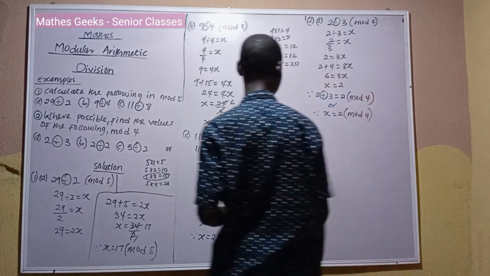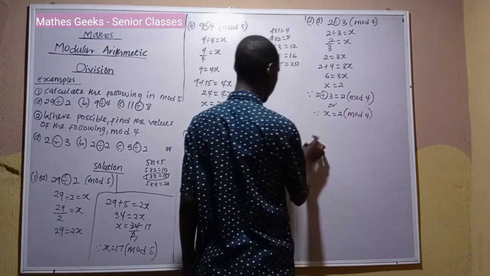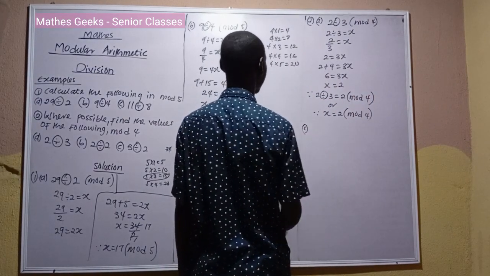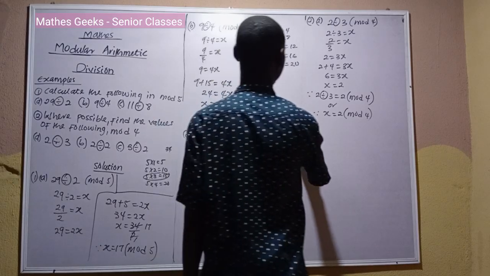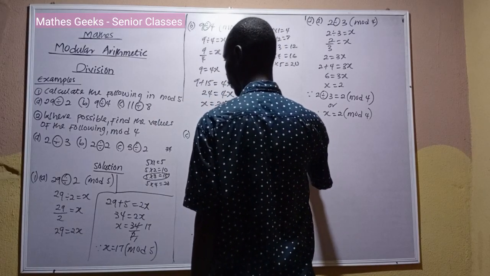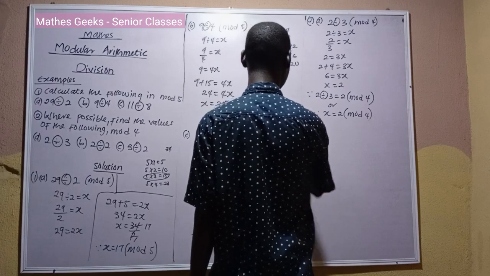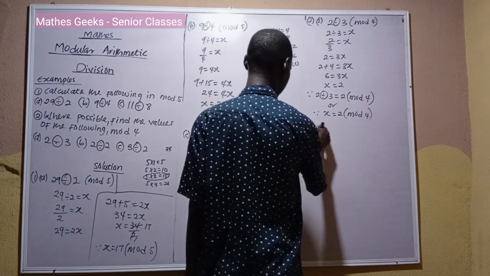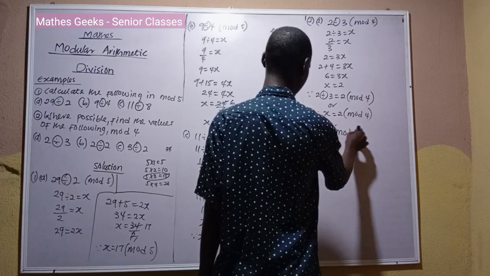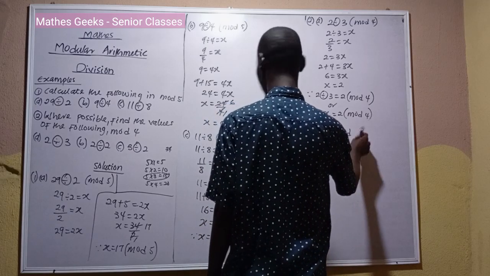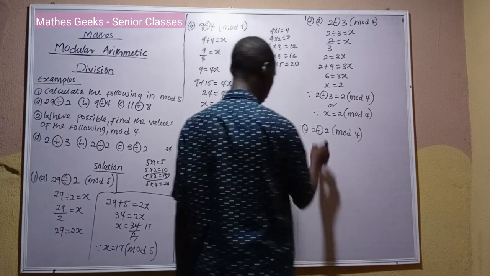Next, part b is 2 divided by 2 in mod 4.